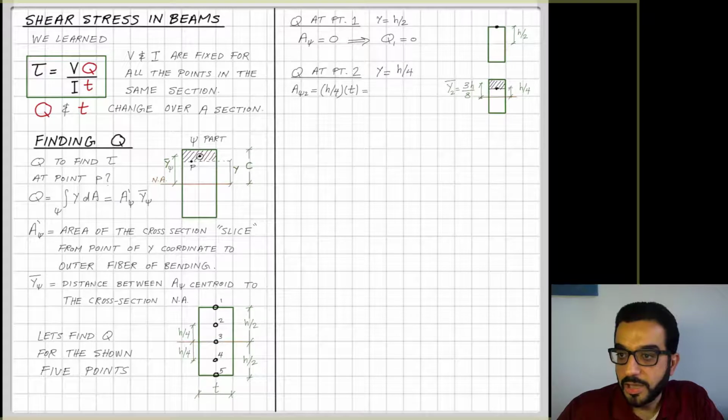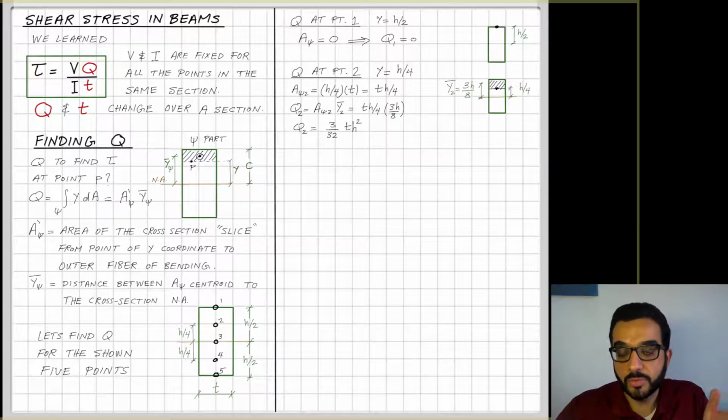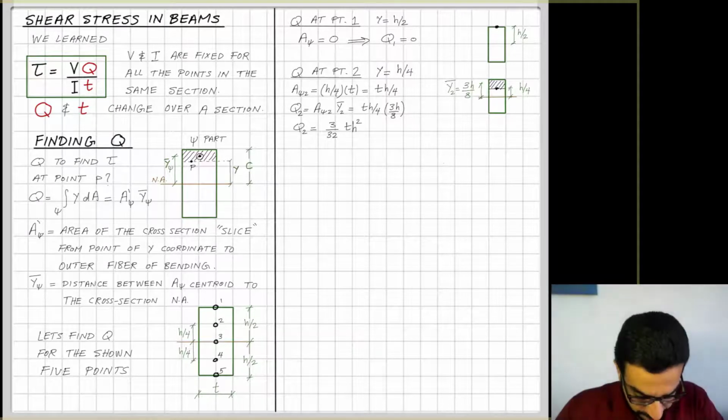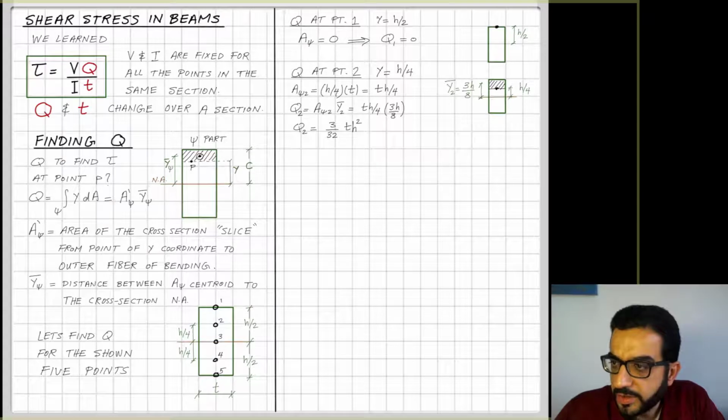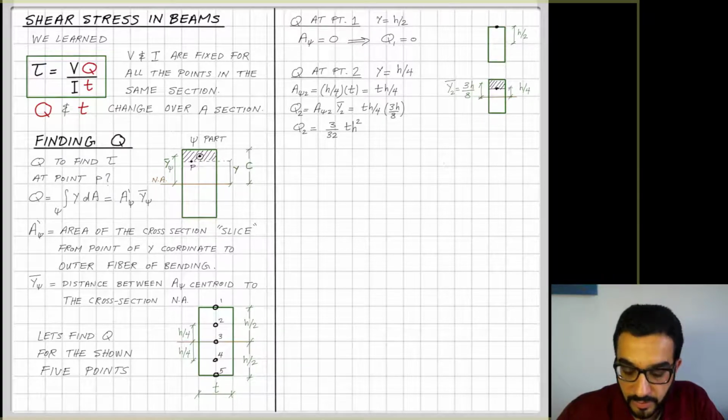And then A psi will be the area here, so the thickness of the beam, or the width, what we used to call width but here we call it T, times h over 4. Then Q will be this area times the y bar, so I end up with 3 over 32 t h squared.